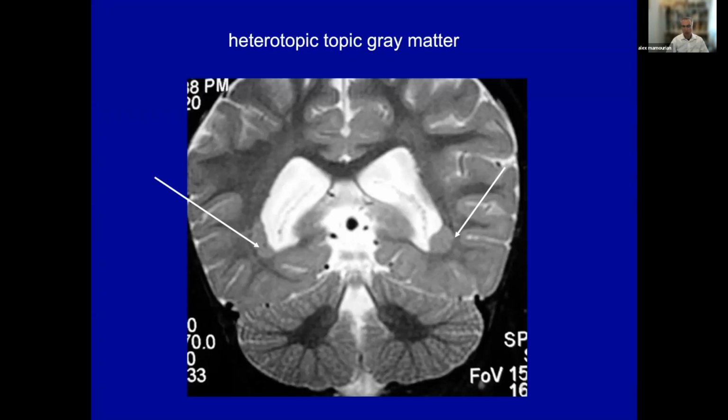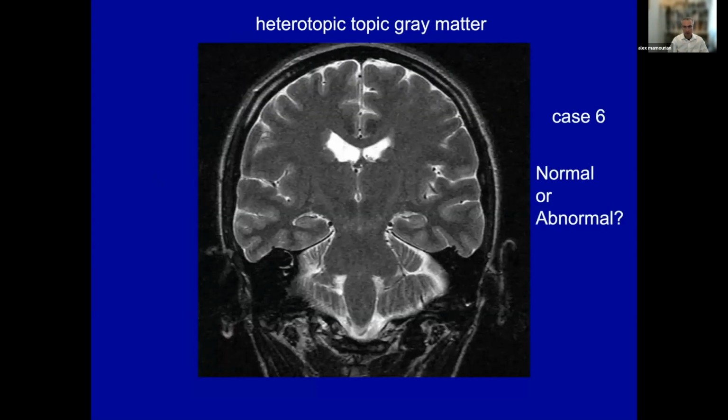So this is one of the things you're going to be looking for on your scan in patients who come in with a non-localizing intractable epilepsy. Here's another example, a little more subtle on this scan, but you can see this lumpy appearance of the lateral border of the lateral ventricles. And this is another example of heterotopic gray matter.